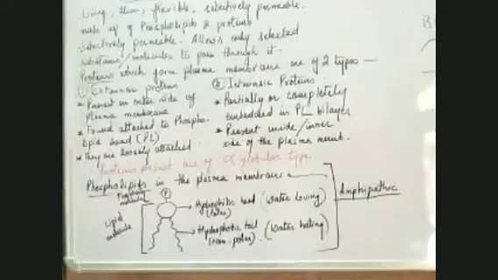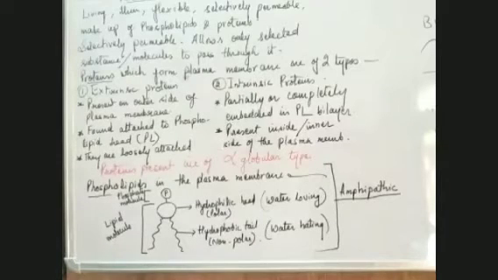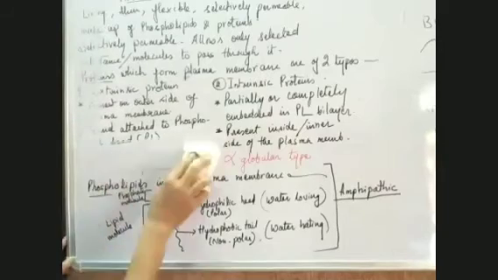This type of phospholipid molecule is known as amphipathic phospholipid. So these phospholipids are amphipathic in their nature. Now I'll show you the types of movements which are shown by phospholipids.